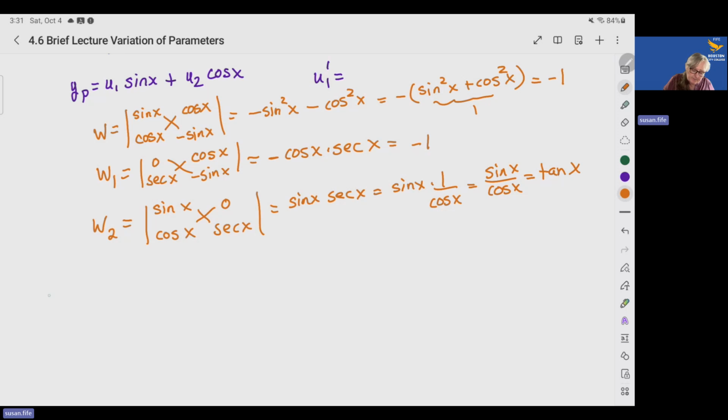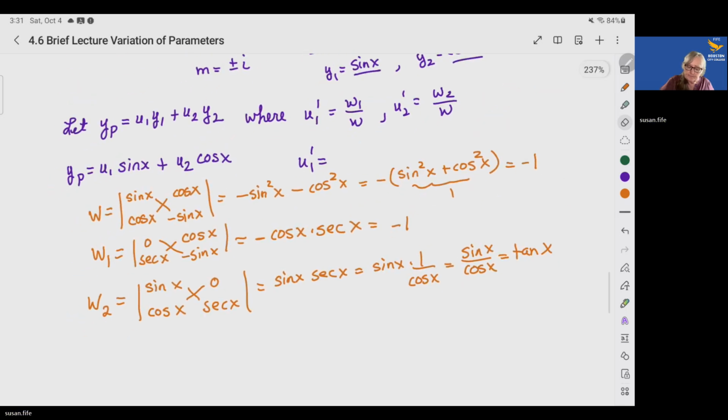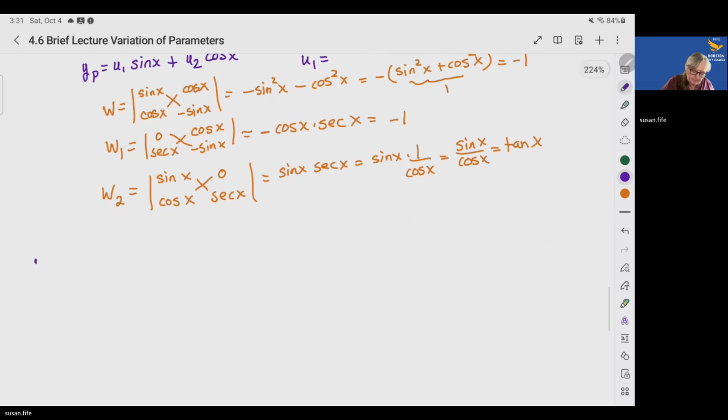Okay, so let's see. I have u1 prime is w1 divided by w. u2 prime is w2 divided by w. w1 is negative 1, w is negative 1, so that gives me 1. u1 prime is 1.